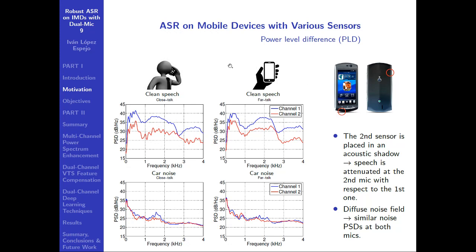With close talk conditions, I mean that the loudspeaker of the smartphone is placed at the ear of the user, and with far talk conditions, I mean that the user holds the device in one hand at a certain distance from her or his face. So we can exploit these power level differences between the 2 channels of the device to design nice algorithms for robust speech recognition in this context.